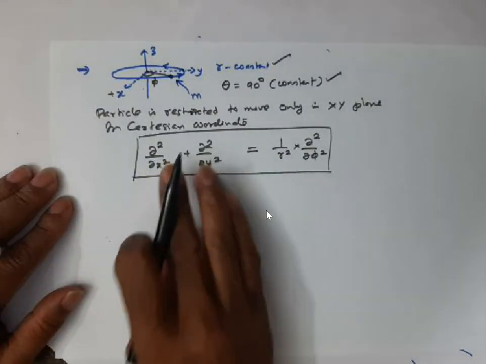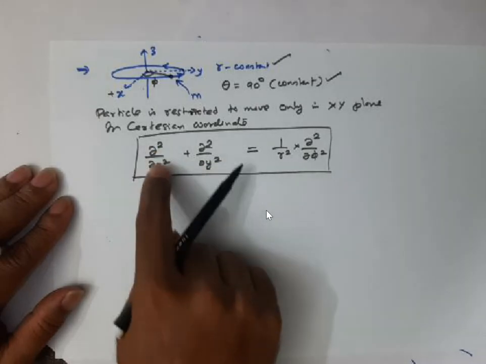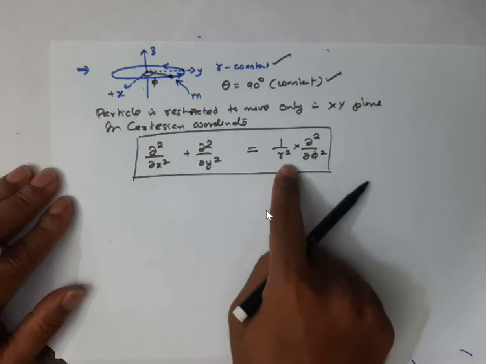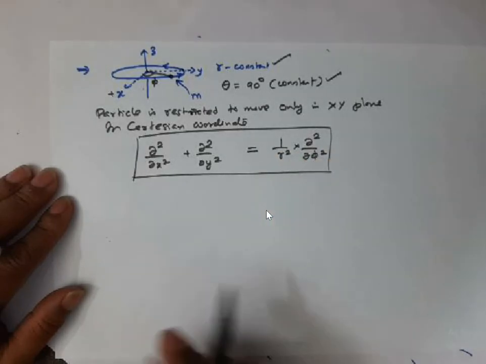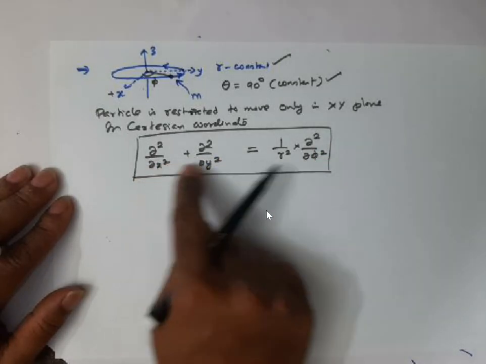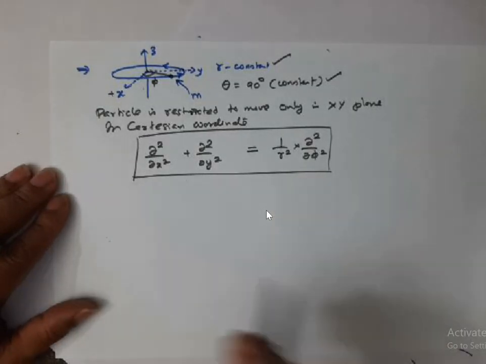In that case, the sum of these two operators, ∂²/∂x² plus ∂²/∂y², is represented as 1/r² times ∂²/∂φ² in spherical polar coordinates. What is the advantage? Here you have to look at two variables, but here only one. That's the advantage.